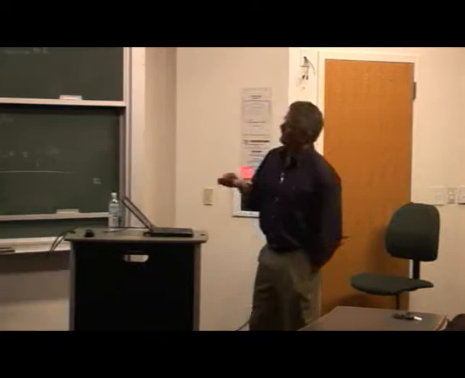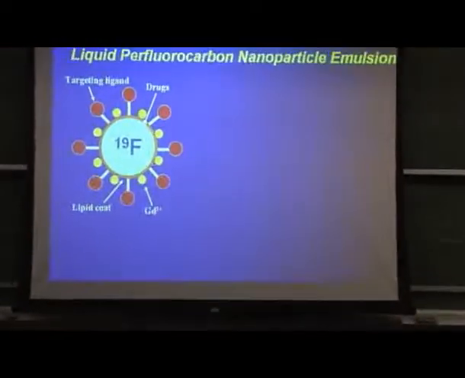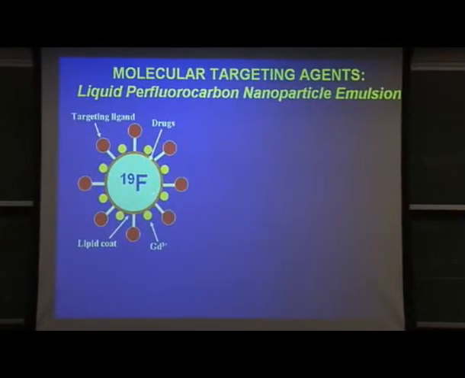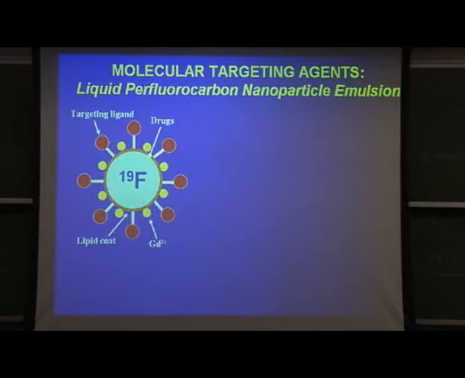But in our case, you've got this liquid perfluorocarbon, and it's surrounded by a monolayer of lipid here, not a bilayer. And this is a surfactant. And this thing is about 200 nanometers or so in diameter. And because this is a lipid here, you can take other lipid pieces and plug them into this membrane and functionalize this particle by attaching other sorts of things to that lipid that anchors into this membrane.